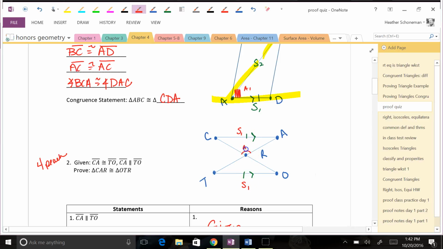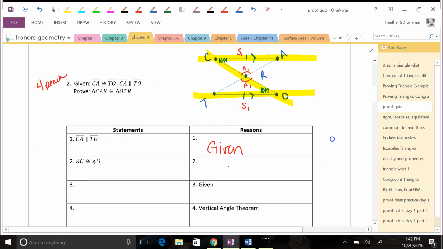You know you're going to have vertical angles, so that's going to give you an angle. And anytime you have parallel lines, then you're going to have congruent angles. In this case, they're here. So let's see how we mark it in the proof. Well, two lines being parallel, that's given. Because the lines are parallel, we know those angles are congruent because of the alternate interior angle theorem.